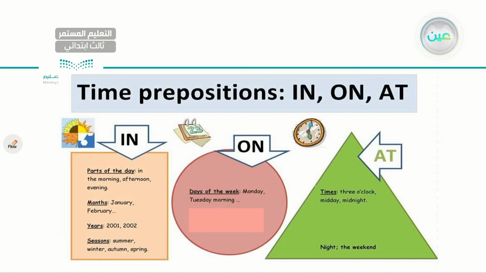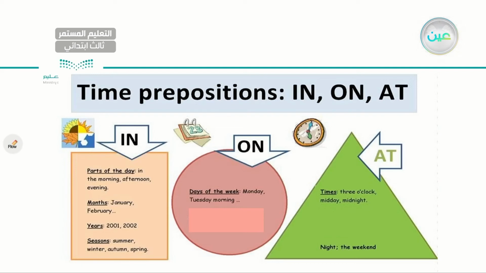Starting with in, I use in with parts of the day: in the morning, in the afternoon, and in the evening. Also, I use in with months: January, February, Shawwal, Dhul Qa'dah. With years and with season: in winter, in summer, and so on.